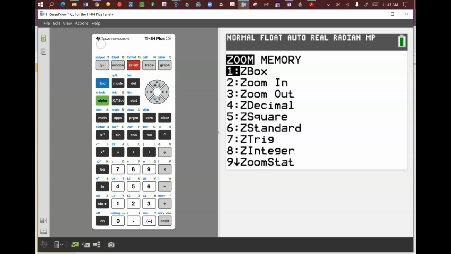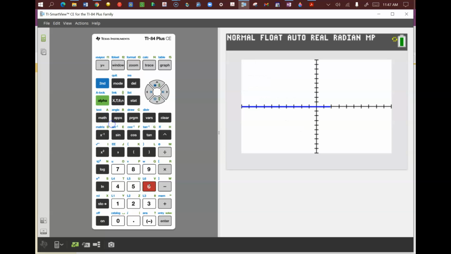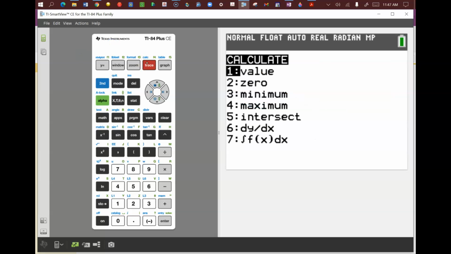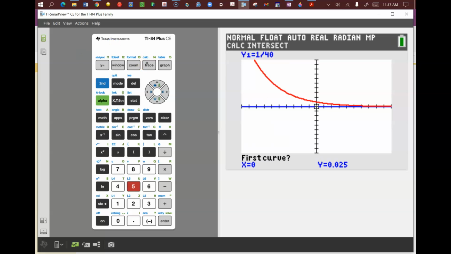If we hit Zoom 6, there's my exponential decay, and I want it to get down to 1/40th, which is very close to y equals 0, so you're having a hard time seeing where they intersect. But if you use the intersect function on the calculator, number 5, we should be able to find where they intersect, if they intersect within the window that we have.